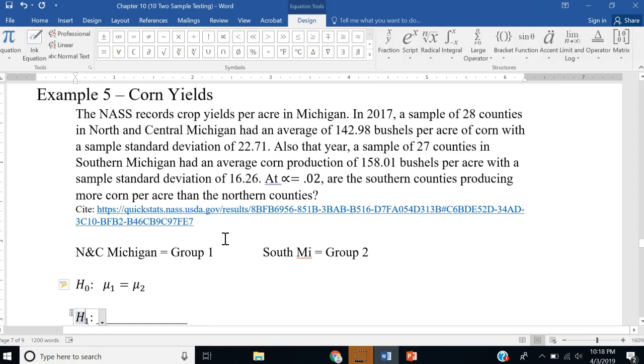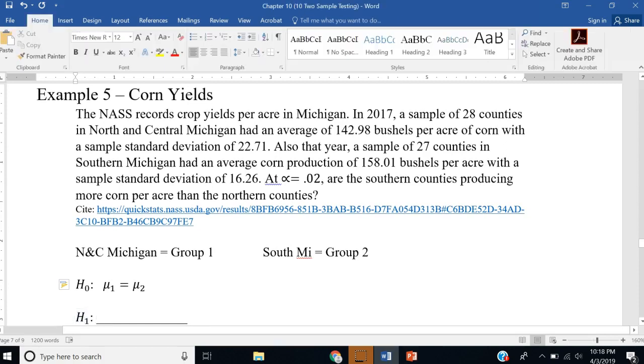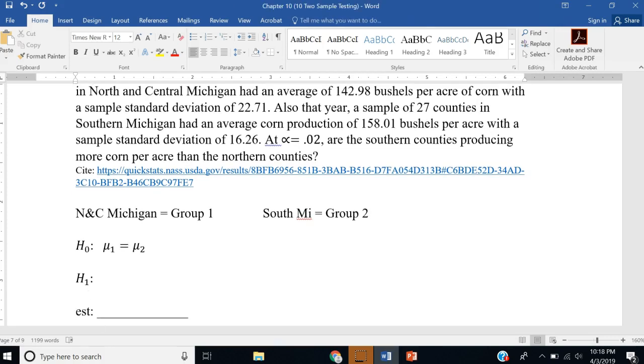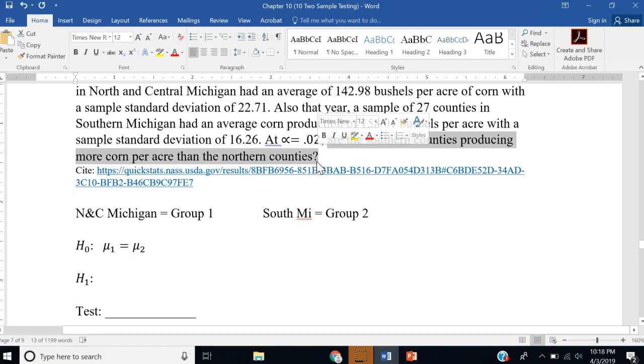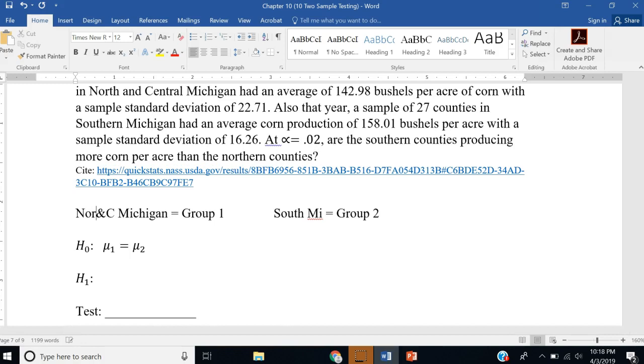The alternative, now our statement says something about southern counties producing more. So again, I'm looking at, are the southern counties producing more than the northern counties? So I guess I can just put northern counties. I think central covers the northern. So northern versus southern Michigan crop yields.